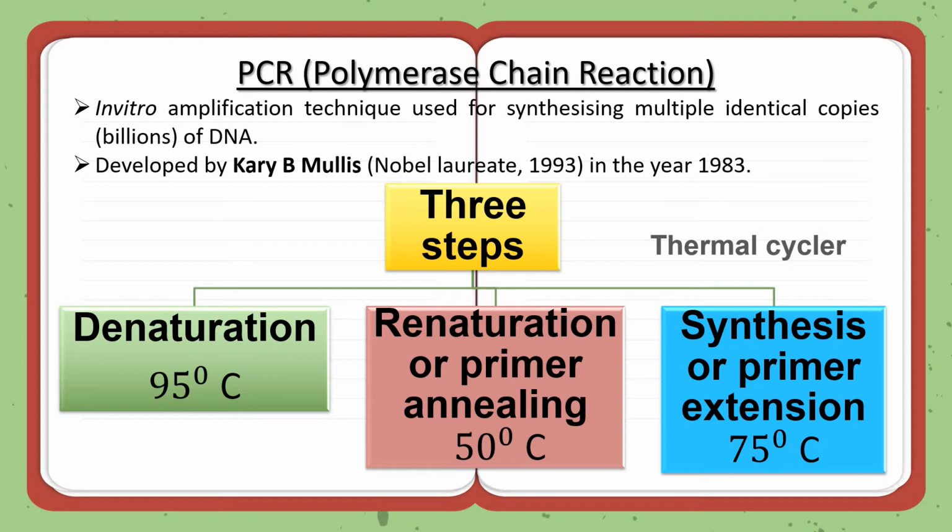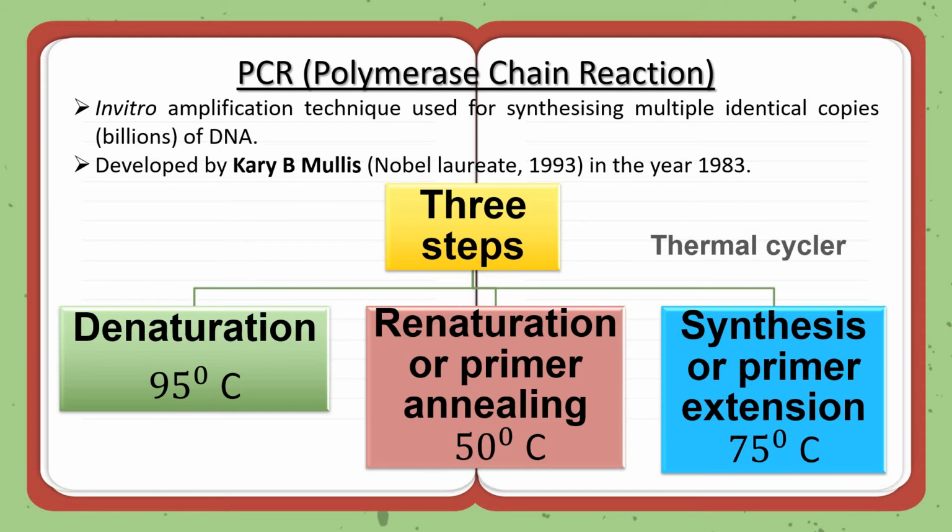Like that, PCR is an in vitro amplification technique used for synthesizing multiple identical copies of DNA. Like Xerox copies, here we take copies of DNA. That's all. In vitro amplification technique.